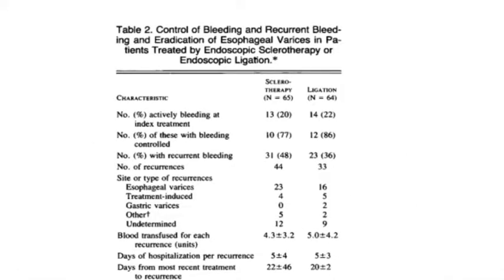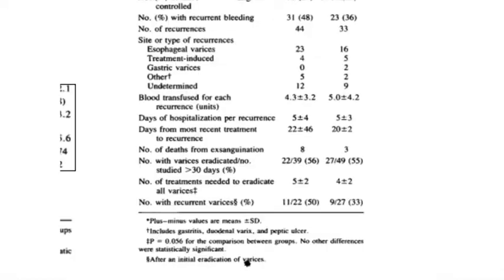And in Table 2, they report the effectiveness parameters, such as the number of active bleeding at index treatment, and they report the frequency and the percentage. And they also report mean plus or minus standard deviation. And then based on this, they have the p-values reported at the end of the table.